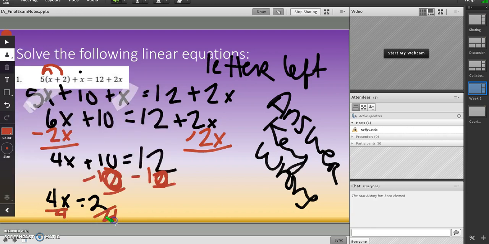And so I get x equals 2 over 4, and that simplifies to 1/2. The answer key says 0, because I incorrectly did 5 times 2 was 12. 5 times 2 is 10 last time I checked. Okay, I'm just silly.